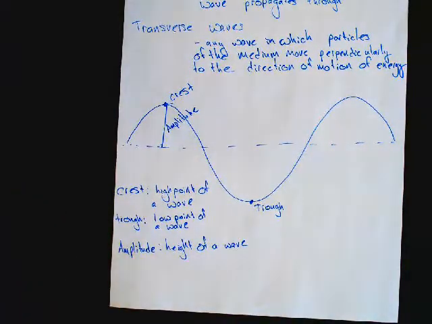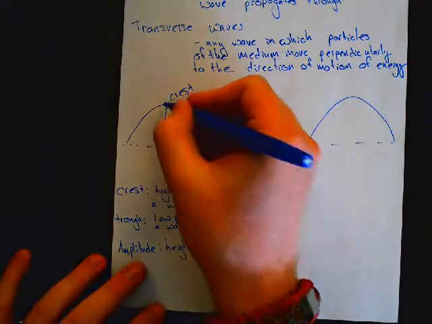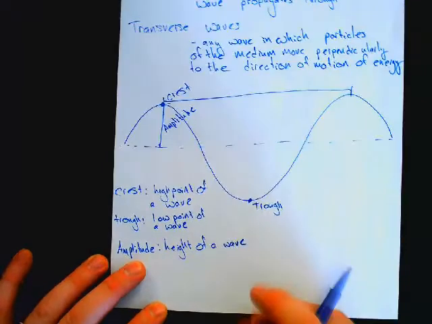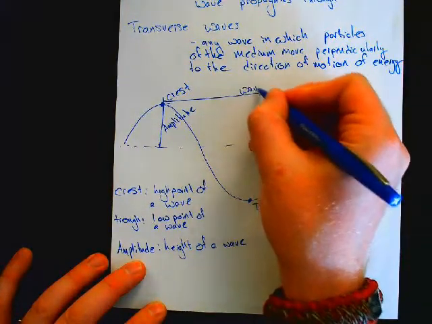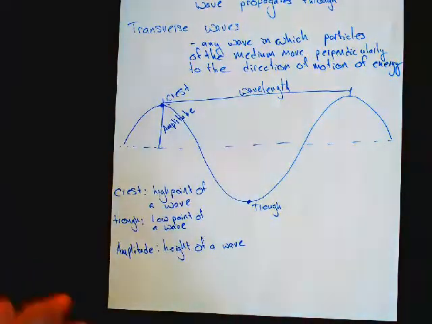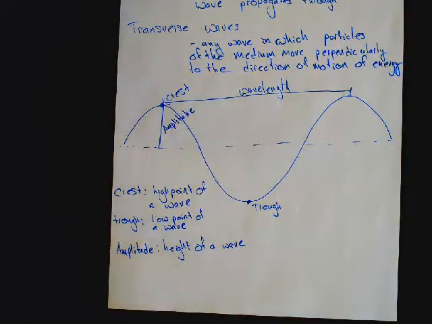All right. Next one that we can draw on our wave is the wavelength. Wavelength is the distance between any two identical points on a wave. Now, you may hear the wavelength identified as crest to crest or trough to trough, and that's right, but it leaves out a whole bunch of possibilities.